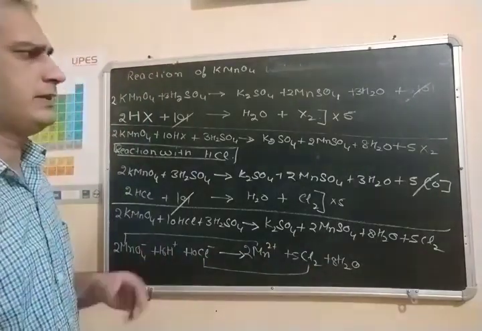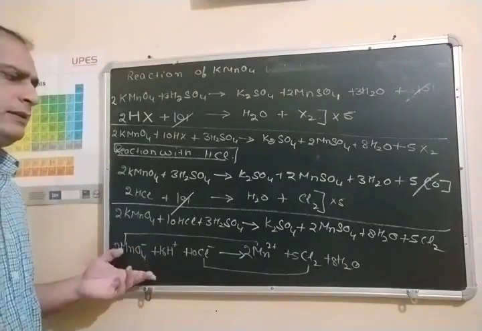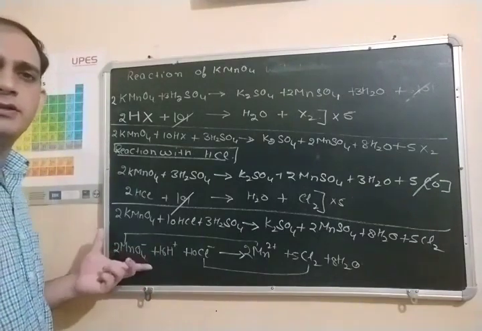So in this way you can write the ionic equation. You can balance this ionic equation easily by using the oxidation reduction method.